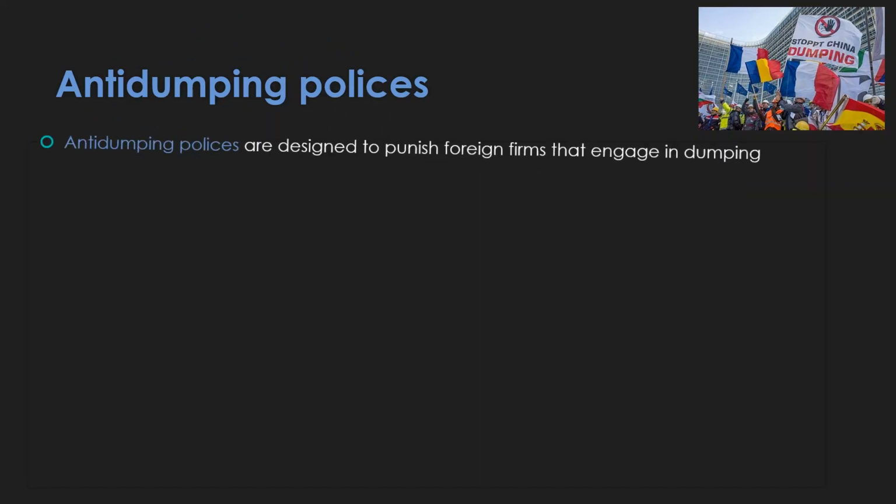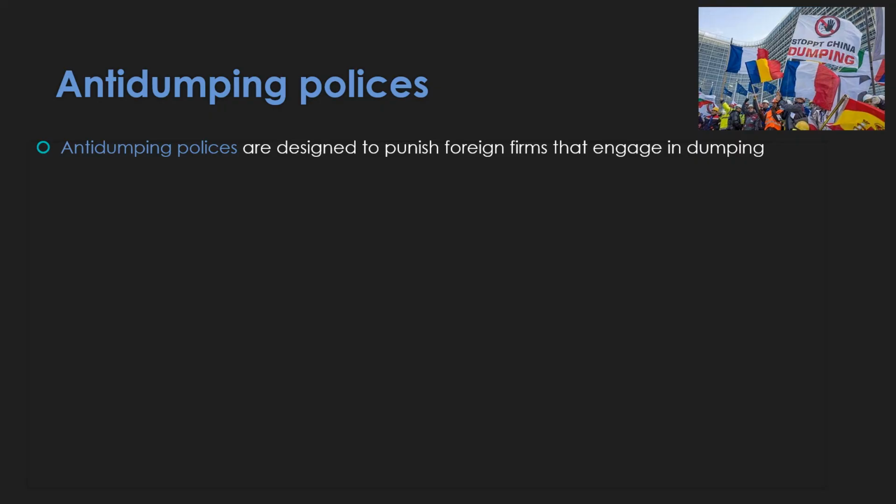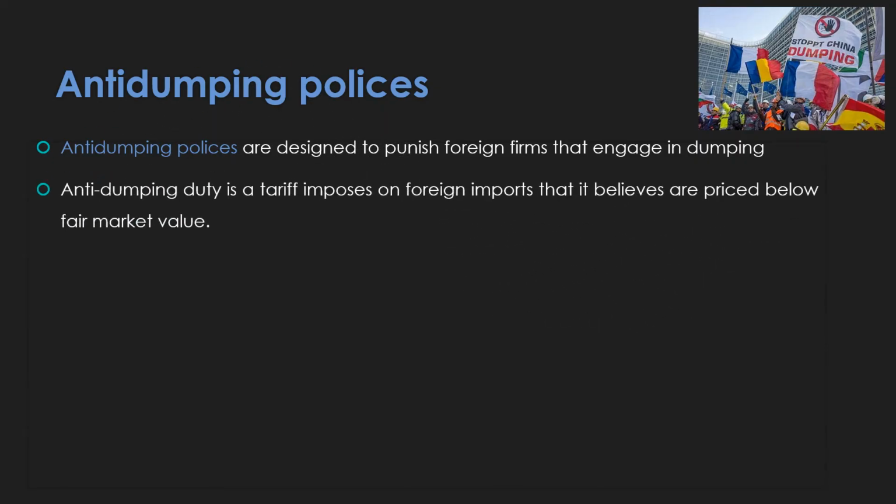Anti-dumping policies are designed to punish foreign firms that engage in dumping. Anti-dumping duty is a tariff that the domestic government imposes on foreign imports that it believes are priced below fair market value. The goal is to protect domestic producers from unfair foreign competition.